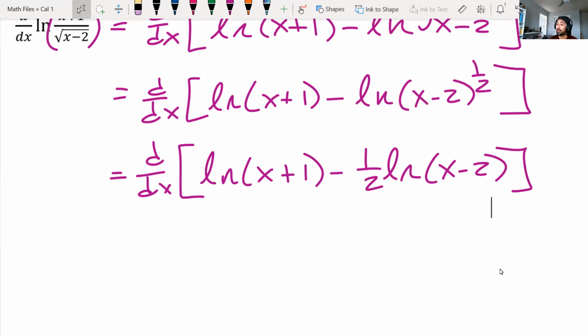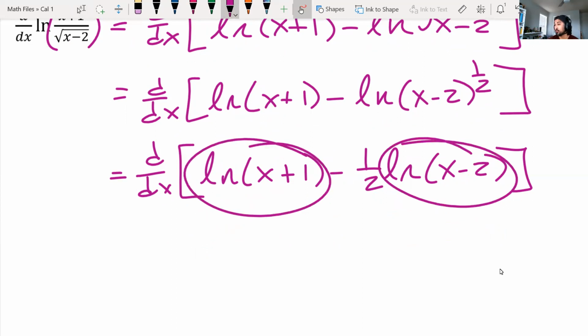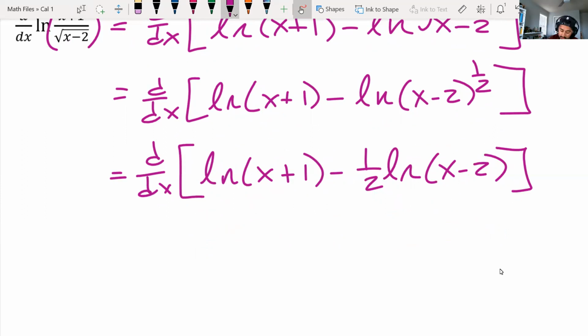But now we're ready for the calculus because we can now do the chain rule derivatives for these natural logs. So looking at the natural log of x plus 1, remember the chain rule derivative for the natural log is derivative of inside over the inside. So what is the derivative of the natural log of x plus 1 going to be? 1 over x plus 1.